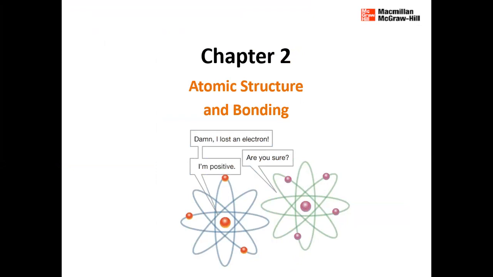Generally the octet rule states that the outermost energy level of each atom should have 8 electrons. I think all of you already know. And when the rule is satisfied, your compound is stable. So that's the goal, and also the definition of the chemical bond.